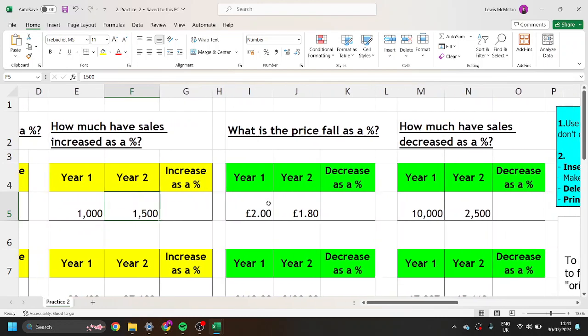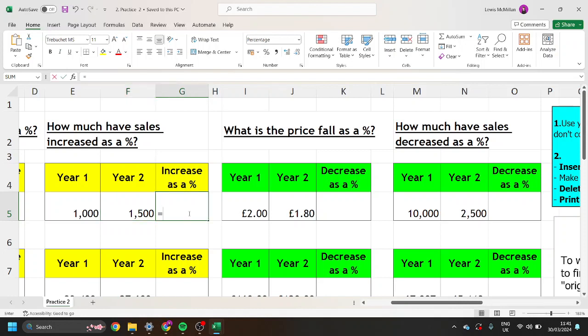So we are looking to find the difference between these two. Now we know it's 500. We know that the difference is 500 because we can see this is 500 more, but the computer doesn't know that, not straight away. So we're going to open a bracket to do a sum that we're going to use as a whole number. We want this sum to be completed first before anything else in the formula.